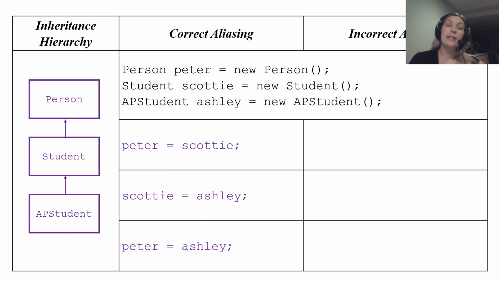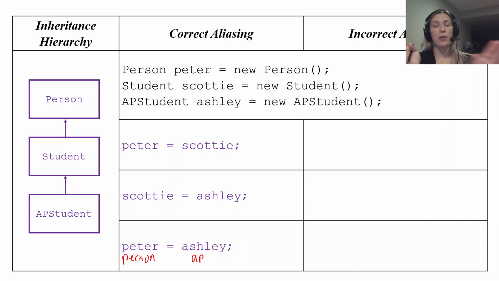And lastly, Peter can equal Ashley. Correct aliasing. These are correctly making the pointers work in memory.